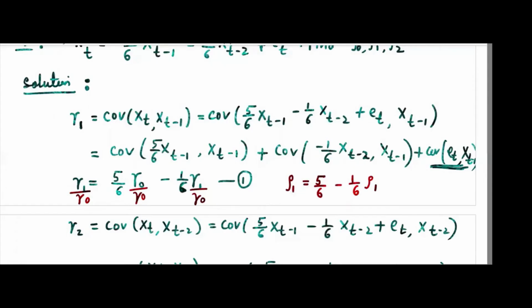I hope this is correct. Okay, let me write this is equation 1.